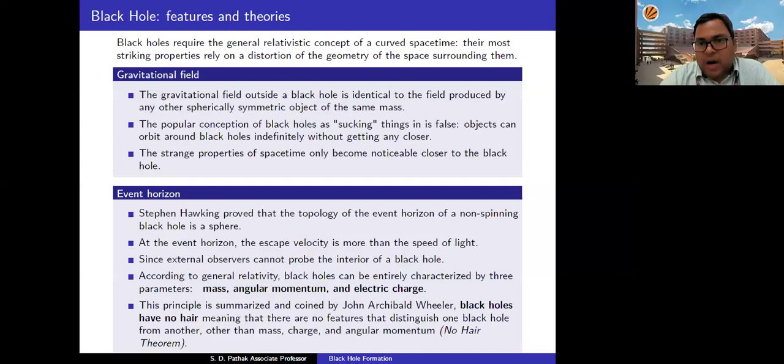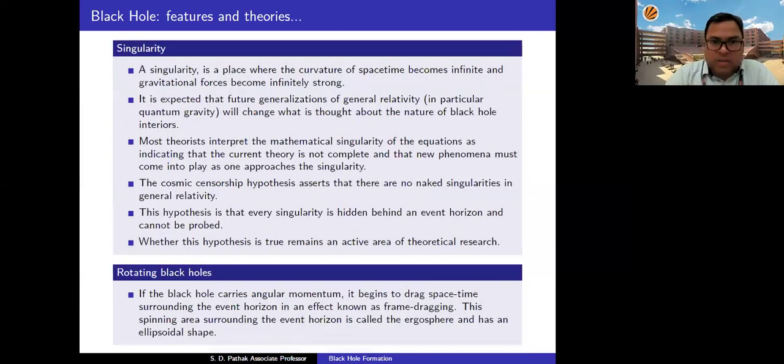Only these three parameters are available for the study of the black hole. John Wheeler first gave the no hair theorem. The name of the theorem is the no hair theorem: black holes have no hair. Only the three parameters, mass, angular momentum and electric charge, provide the information about the black hole. So this is called the no hair theorem.